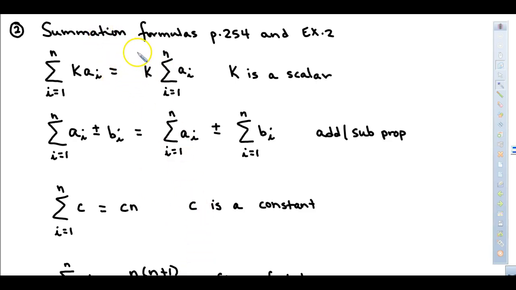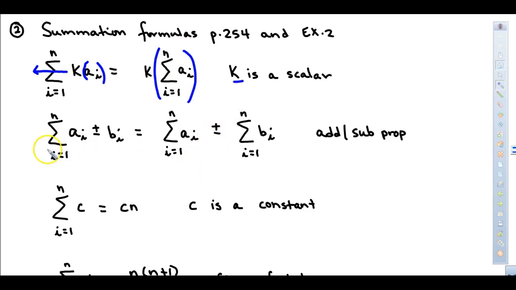Your summation formulas and properties say that if you have a summation of some function A sub I, and it's being multiplied by a scalar K, K is some scalar or coefficient, whatever you want to call it, then you can pull that scalar through the summation and put it on the outside, figure out what the summation is equivalent to, and then multiply whatever you get times K.